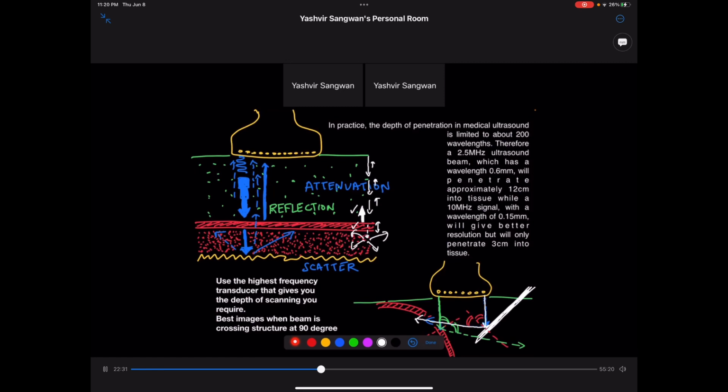Why won't you see the needle? Because again, in order to generate an image, the sound has to come back and hit a piezoelectric crystal. If it doesn't do that, it will not register an image. Therefore, in normal ultrasound, in order to get the best image possible, you can do two things.